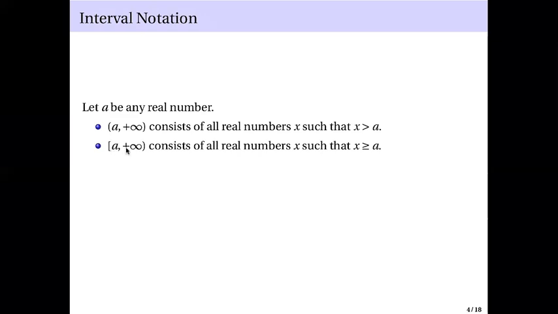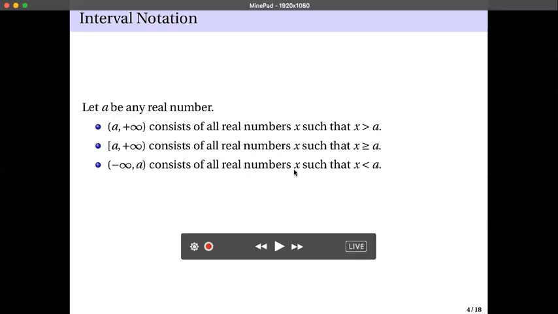Open square bracket A comma plus infinity, and then close parenthesis here. So it's the set of real numbers x such that x is greater than or equal to A. So we just put the equality. And we also have this: open parenthesis negative infinity comma A, and then close parenthesis.